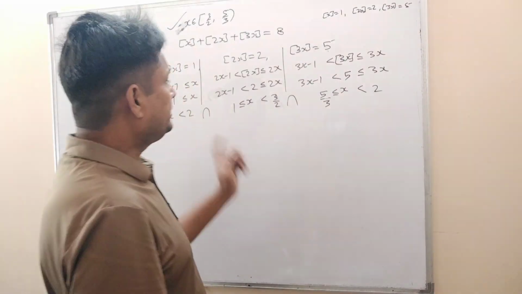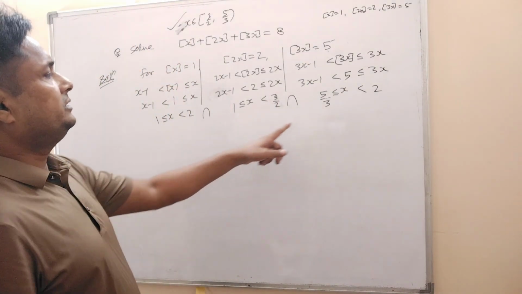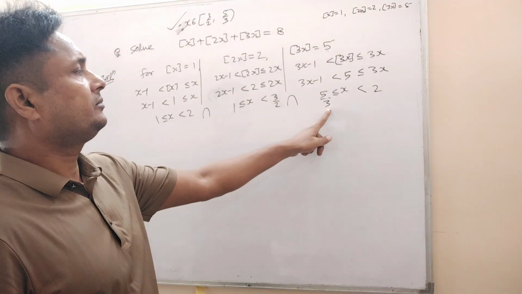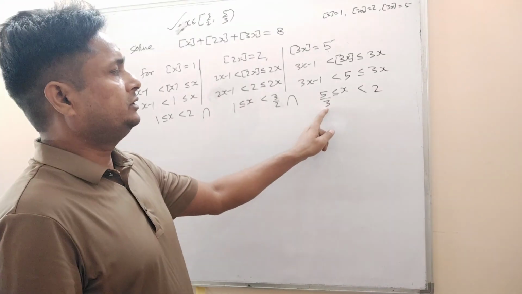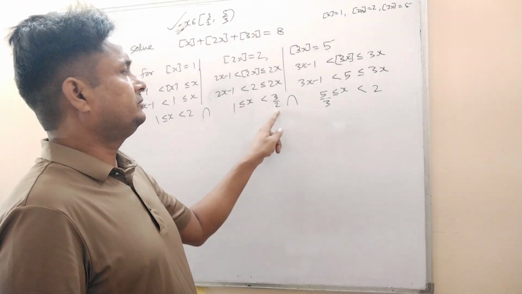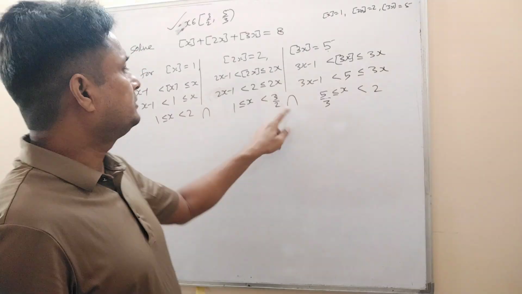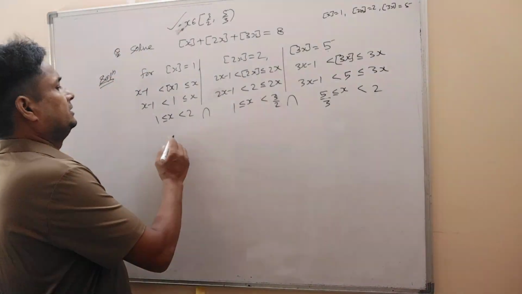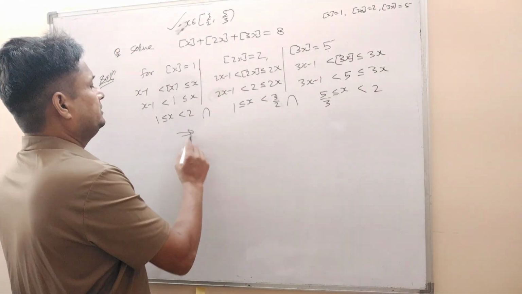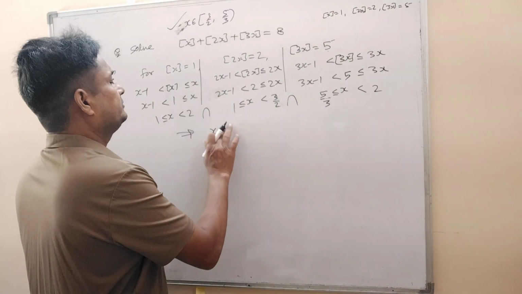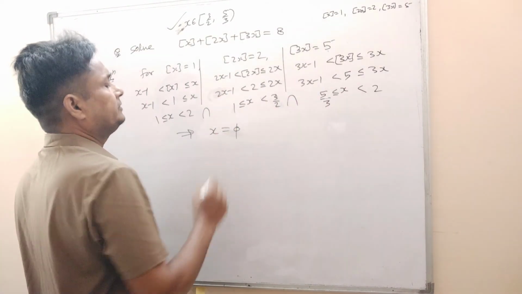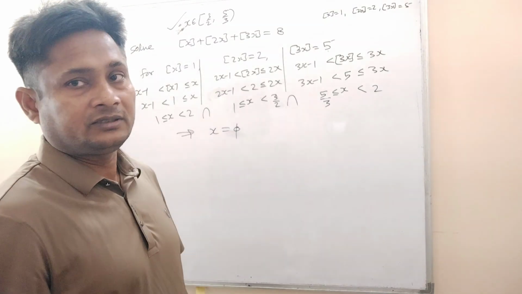Right? Take the intersection. This is 1.66 and this is 1.5. So there will be no intersection. So if you take the intersection here, x will be equal to 5. So the final answer will be what?